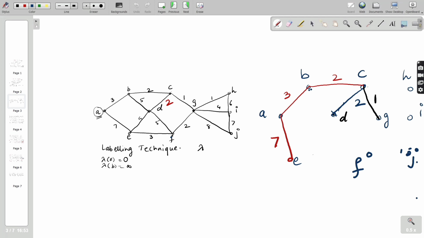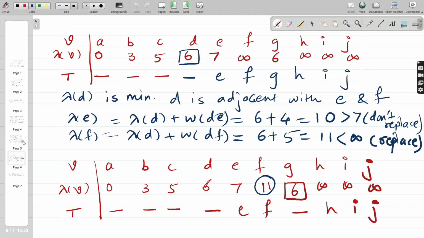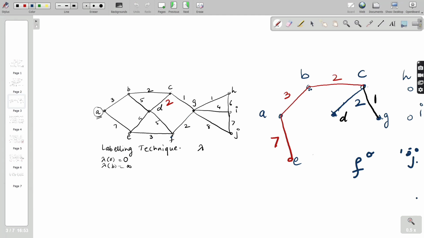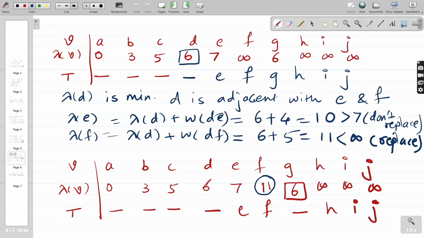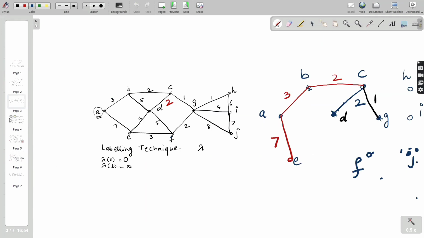Earlier we were getting the answer equal to 11 for the vertex F, because it was due to 3 plus 2, 5, 5 plus 1, 6, 3 plus 2, 5, 5 plus 2, 7, and 7 plus, how were we getting 11, that we want to check using D and DF. What was the weight of DF?